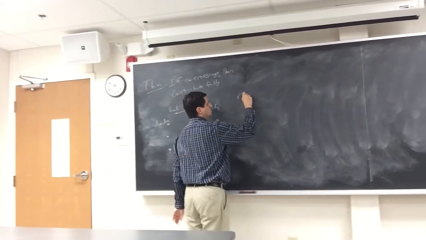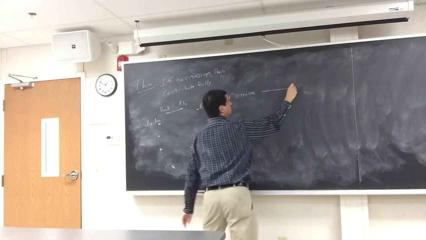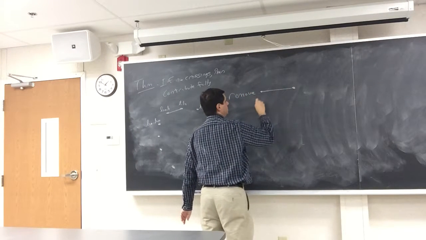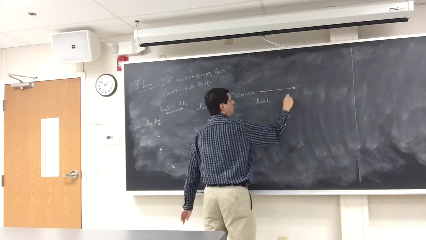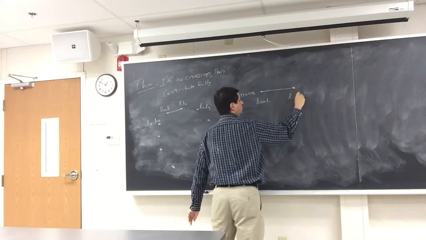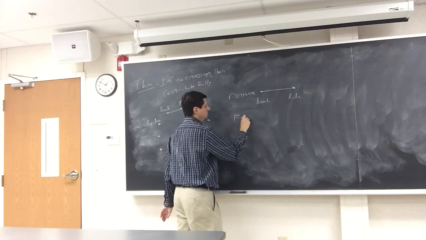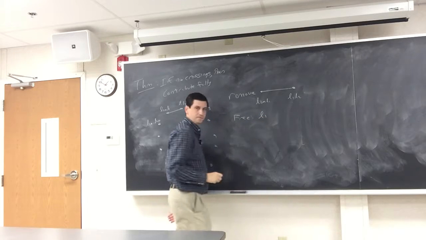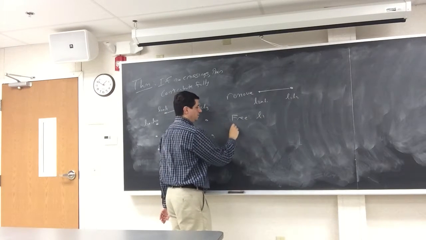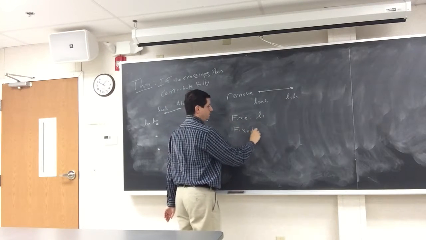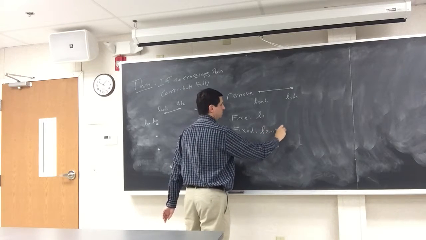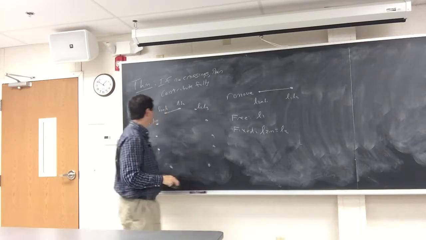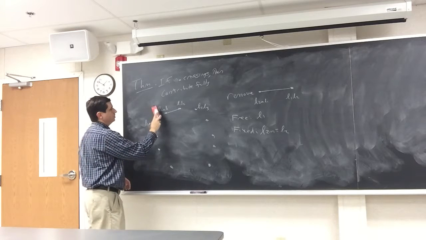So we remove the L2M, L1, L1, L2. Free was L1. Well, now we can redraw our graph. Fixed was L2M, so we replace L2M with L2.